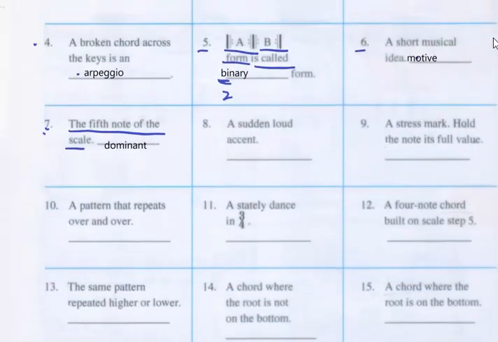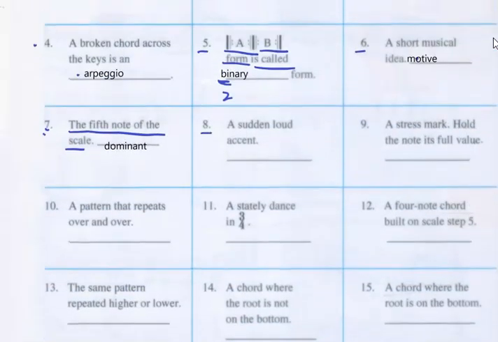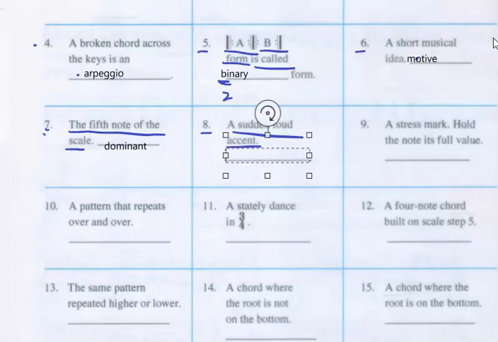Okay, and move to number 8. A sudden loud accent. A sudden loud accent is called, this one is a little hard to spell, sforzando. Sforzando is a sudden loud accent. You can also write this as fz, like this.